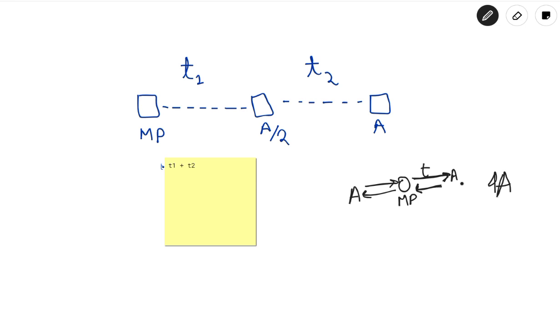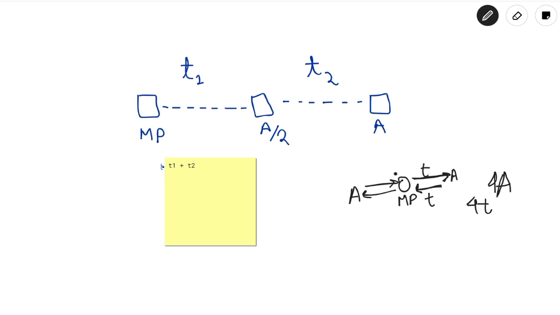So to return from A to mean position will also be t. Similarly, it moves from the mean position to the amplitude on the left and then amplitude to mean position with the same time, which is t. So the distance is nothing but 4A. For moving from mean position to amplitude, it takes time t seconds. So it covers the same distance 4 times. That means the total time interval will be 4t, right?